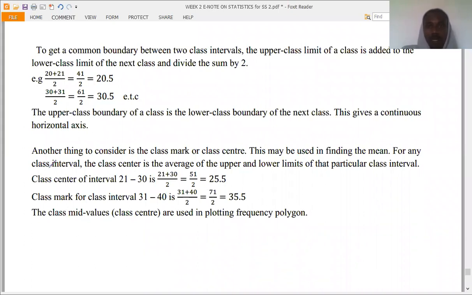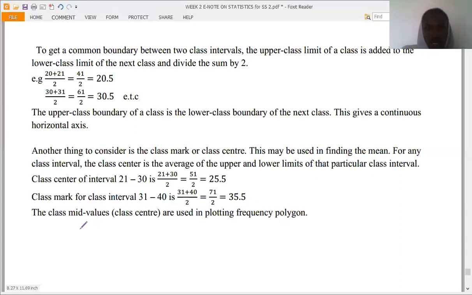For any class interval, the class center is the average of the upper and lower limits of that particular class interval. The class center of interval 21 to 30 is 21 plus 30 divided by 2, which is 25.5. The class center for class interval 31 to 40 is 31 plus 40 divided by 2, which is 35.5. That is the class center rather, not the class mark.